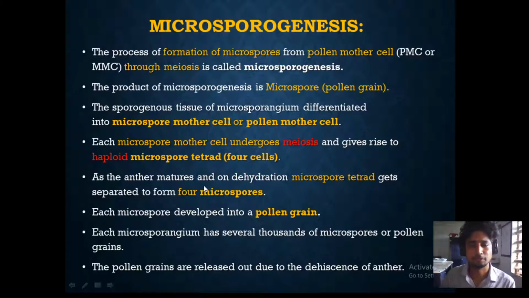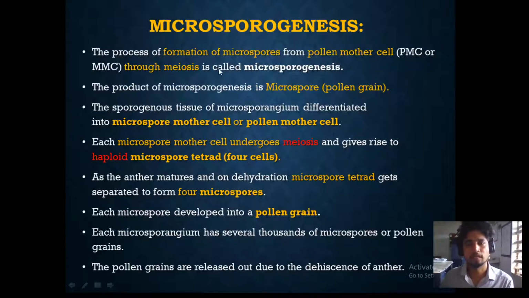And as the anther matures further, on dehydration of this microspore tetrad, it gets separated, or dissociated, to form 4 microspores. The 4 microspores in this tetrad are released, and each microspore develops into a pollen grain. So that's how pollen grain is produced from the microsporangium.